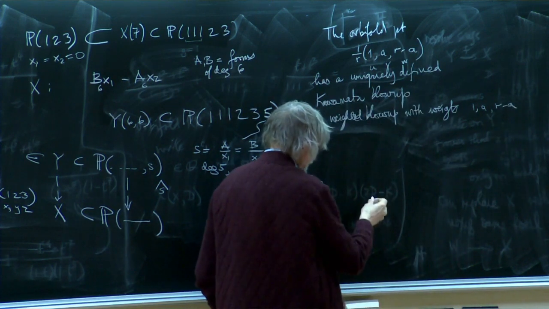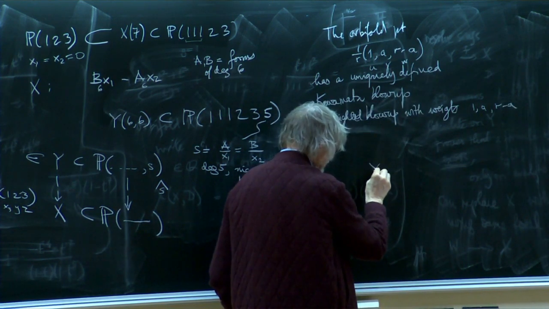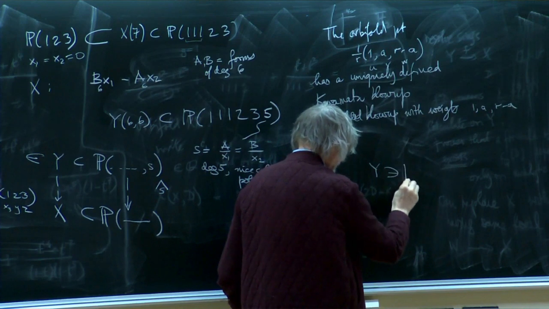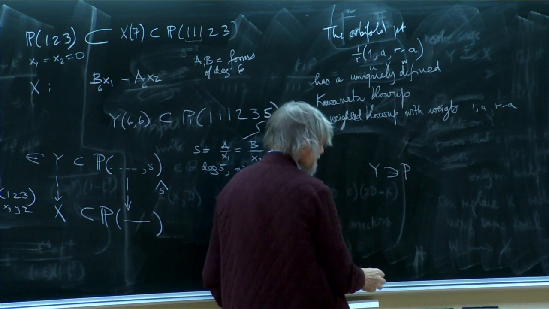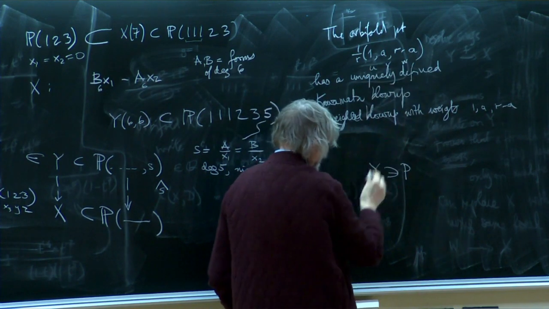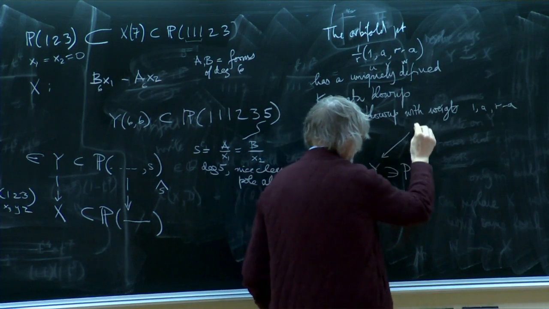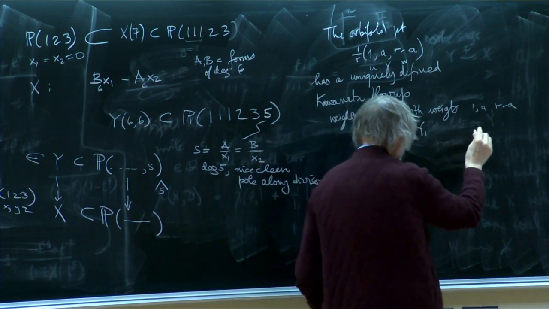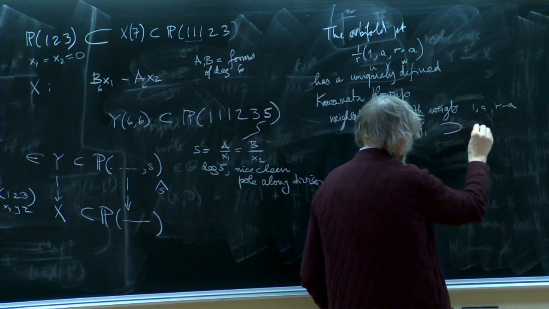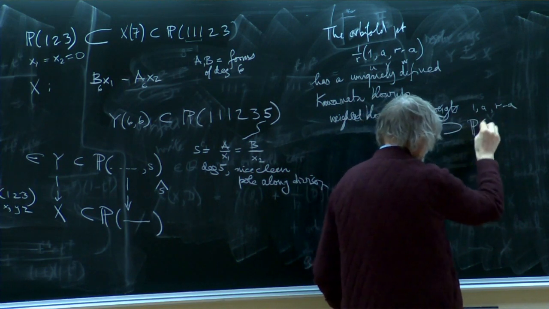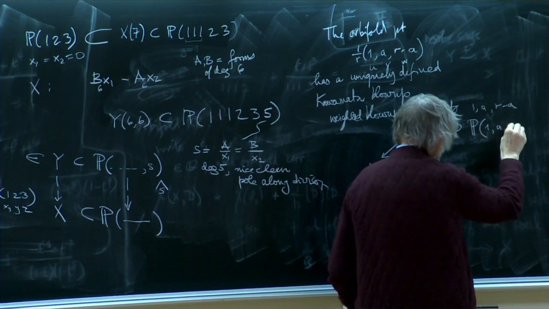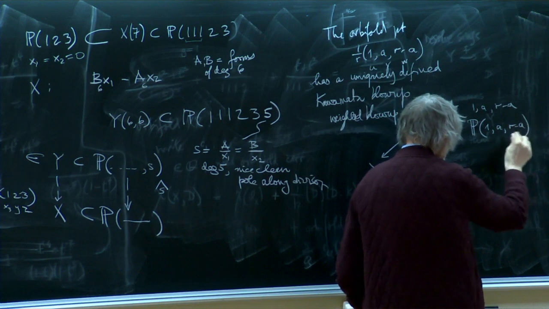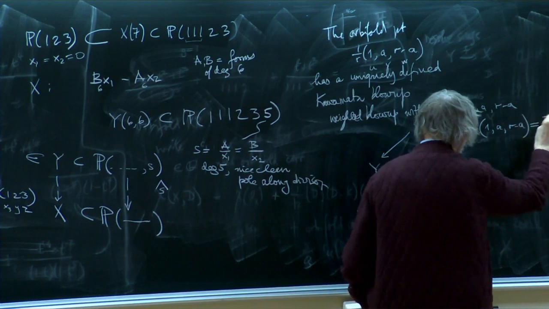Yes, and so what I'm doing here is I've got y, I've got this point on it, which is a point of this type, and I'm doing y1. So this one contains weighted projective space P(1, a, r minus a). So this is the exceptional locus.